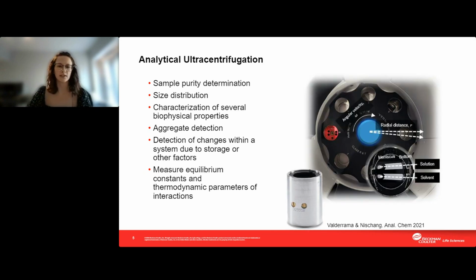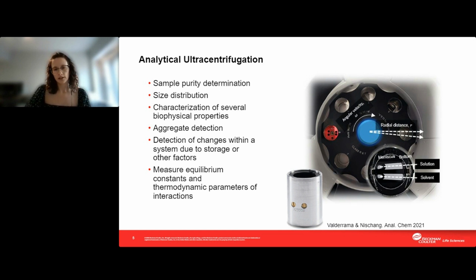The way that AUC works is that the rotor seen here is put into the centrifuge, which is on the outside here and a little hard to see in this photo. Then the sample to be analyzed is put into one of these AUC cells. This is a top view of the cell, and this is the side view.